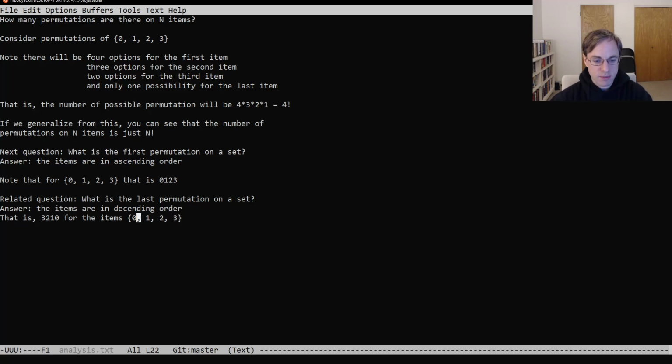And you can make a similar argument where, if any other digit were moved into the first position, it would necessarily create a smaller number, and so no other permutation could possibly be the last permutation.